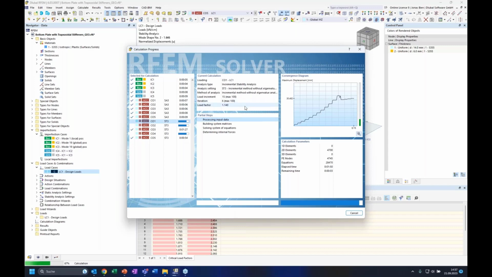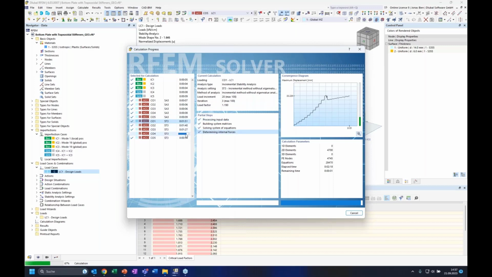Slowly but steadily we should come there. We also see that some of the load combinations are already finished. So load combinations 2 and 3 are already finished with load factors above 1.4, and load combination 5, which was with a group of imperfection, finished with a load factor of 1.19.